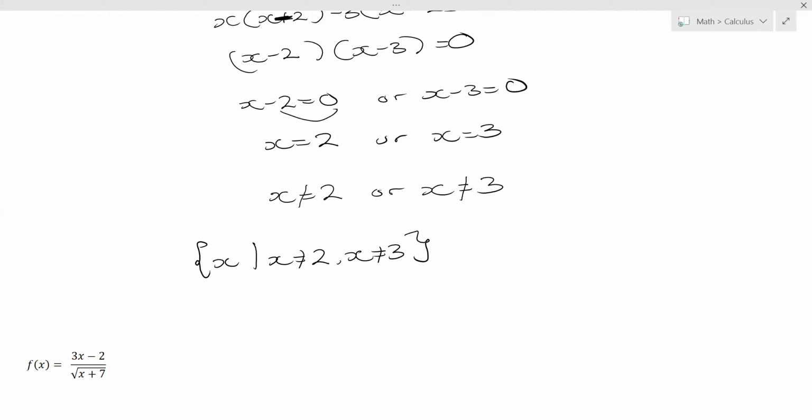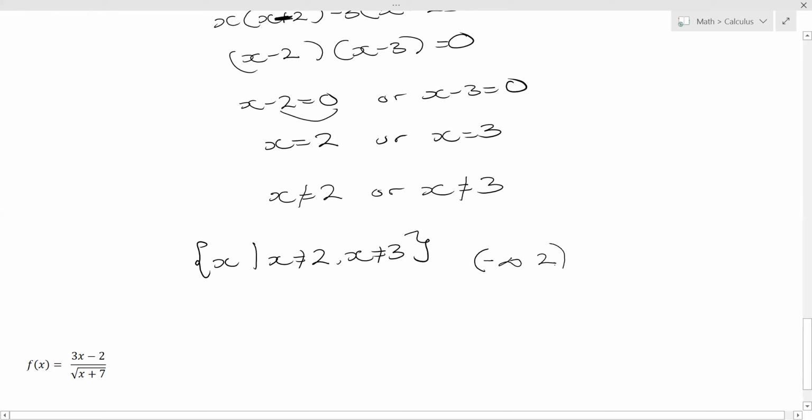And then for the interval notation, this one you have 3 brackets. So like this, from negative infinity up to 2, where 2 is not included.